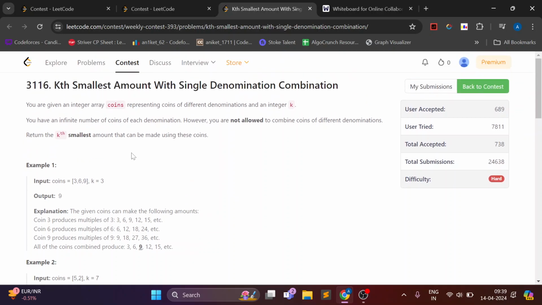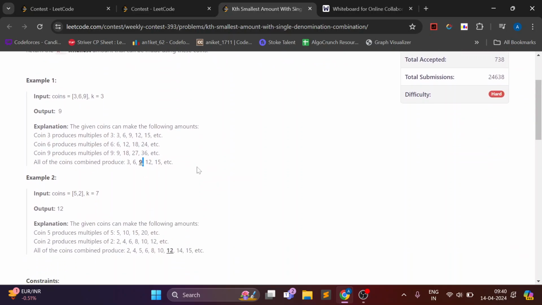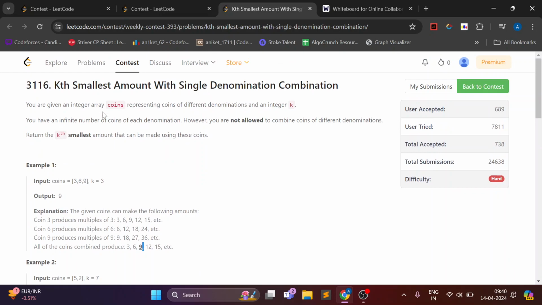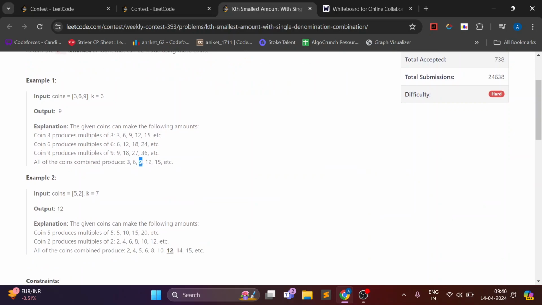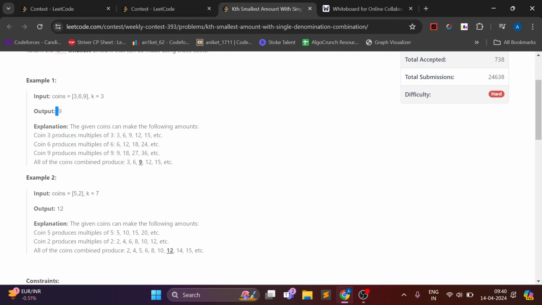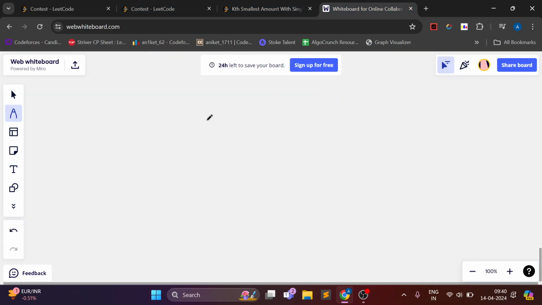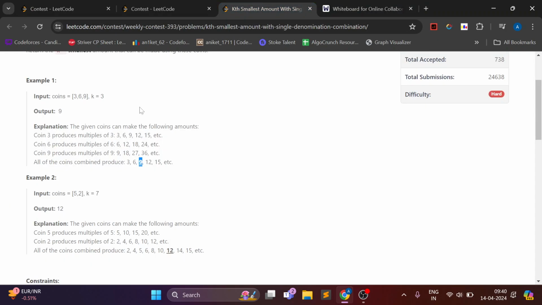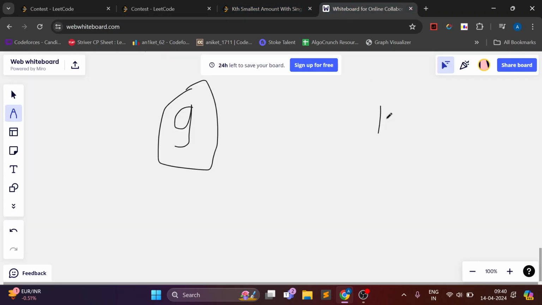Whenever we are given this type of infinite number of coins, always try to reverse engineer the question. So let's say my answer is 9, and for k equal to 3, my answer is 9.